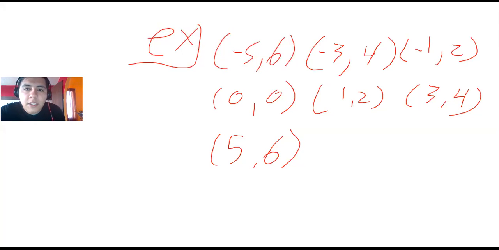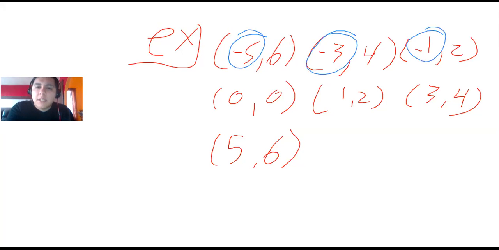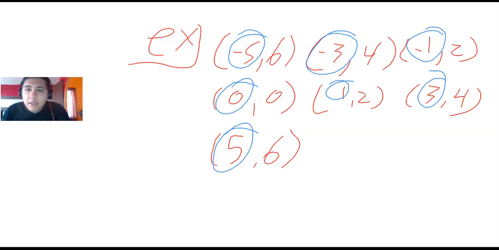Now what we want to do is focus on the x values. So we want to focus on -5, -3, -1, 0, 1, 3, and 5. So all we're going to do is focus on those values. And if any of them repeat, then this cannot be a function. Okay, so in this case, they don't.